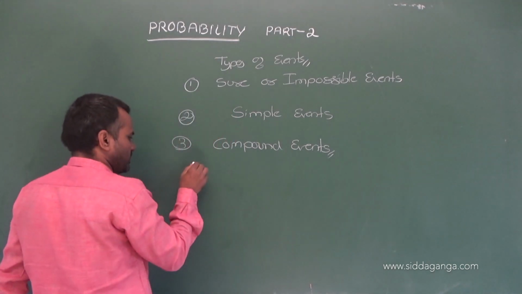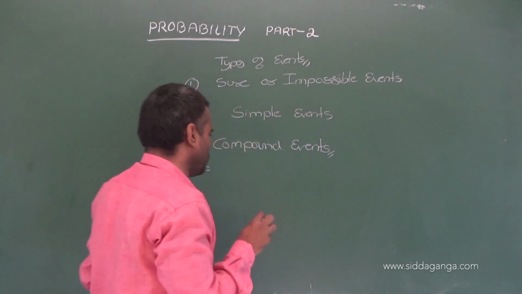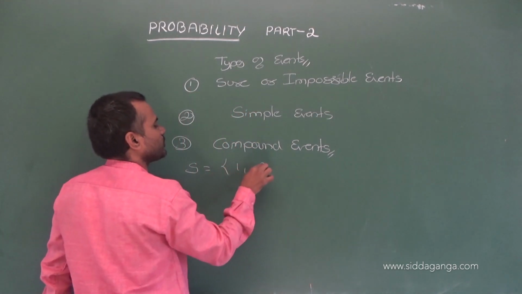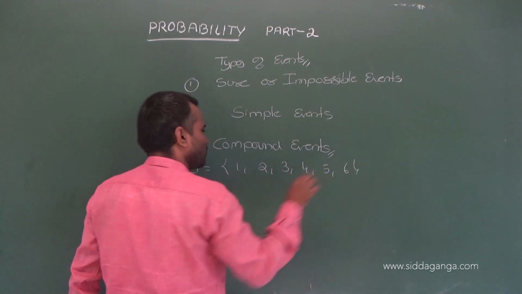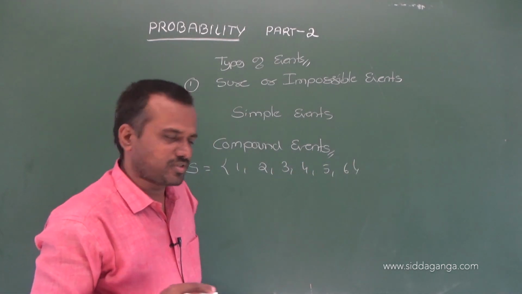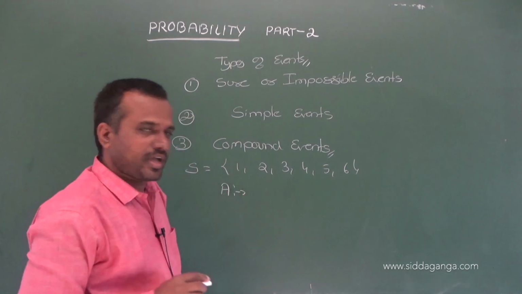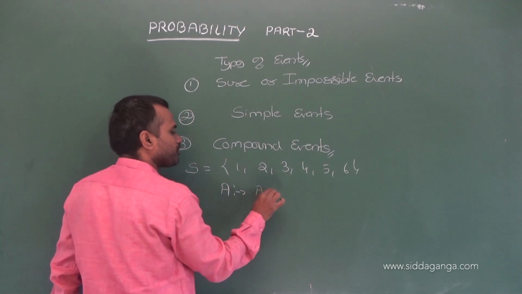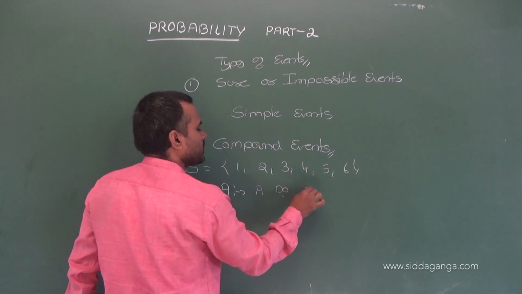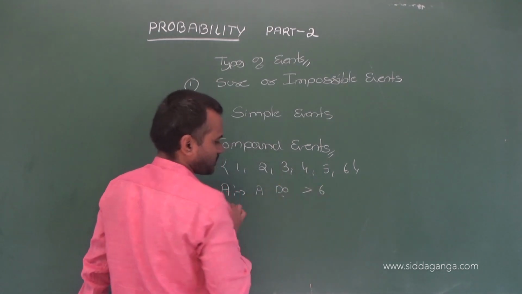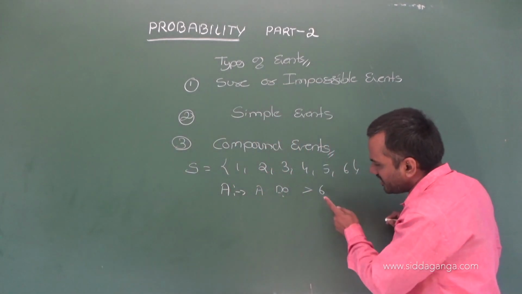Sure events, impossible events. So one by one I want to give the example. For that, throwing a die, we want to write the sample space: 1, 2, 3, 4, 5, 6. Then I write the event A such that a number greater than 6. I want the number greater than 6.